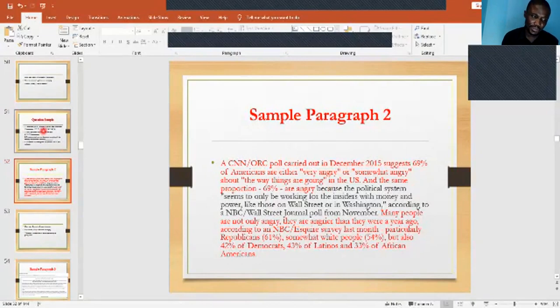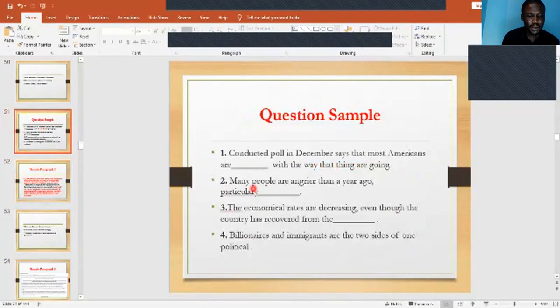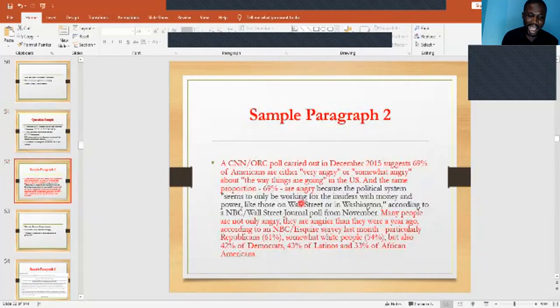Question 2: many people are angrier than a year ago, particularly who? Look at it. It said many people, that's the statistics of anger, are not only angry, they are angrier than a year ago.